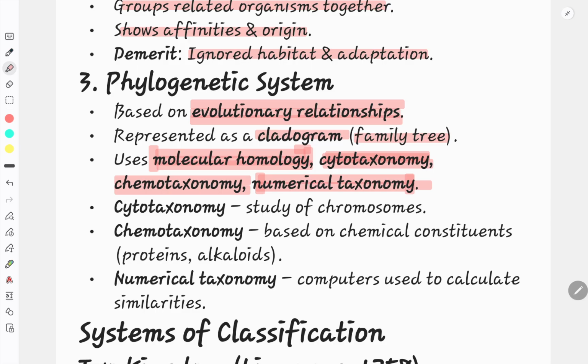For example, if a hand is given the number 5, then another organism which has hands is also given the number 5. Cytotaxonomy is the study of chromosomes, the number of chromosomes, pairs of chromosomes. Chemotaxonomy is based upon chemical constituents, for example protein, alkaloid. Numerical taxonomy is computer-based calculated similarities.